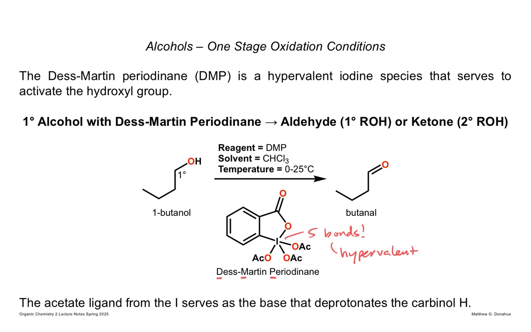So you have basically a triangle. Then you have these other 2 ligands. So the iodine sort of sits in the middle.